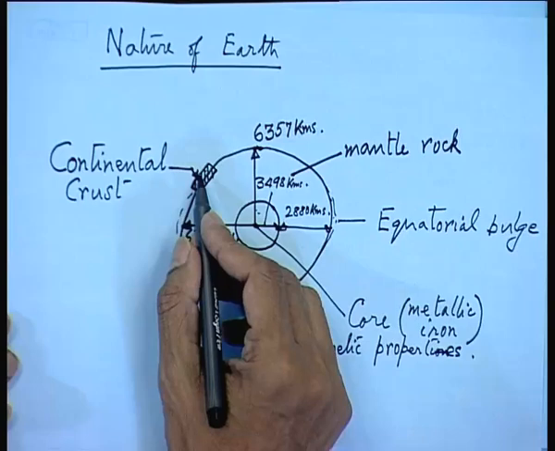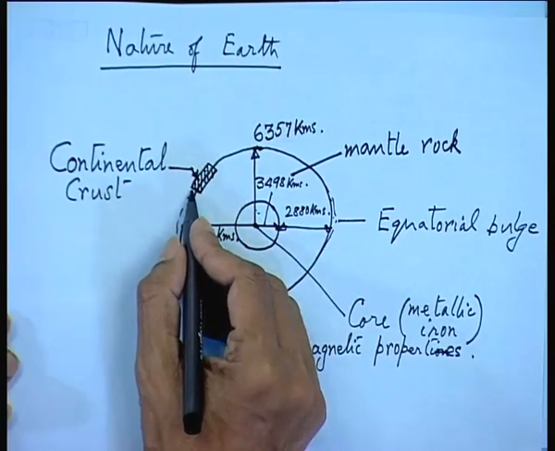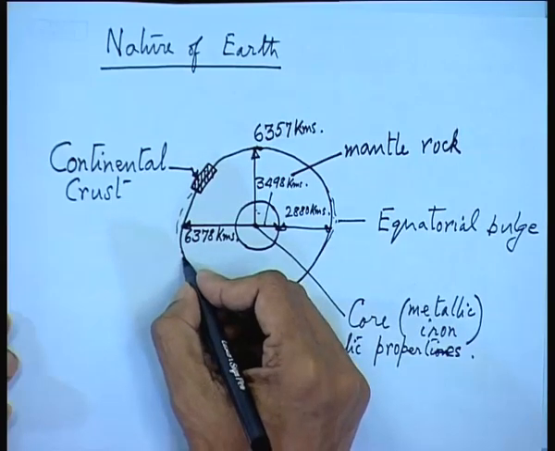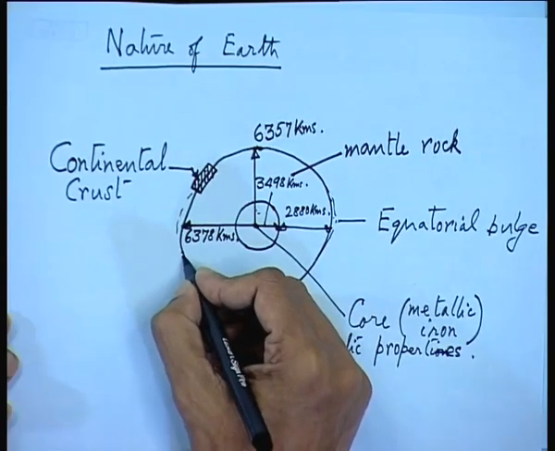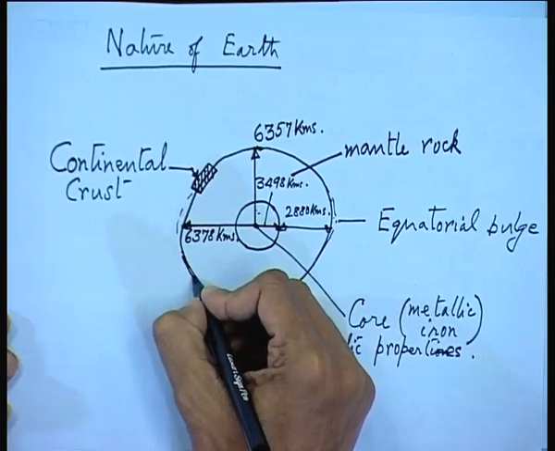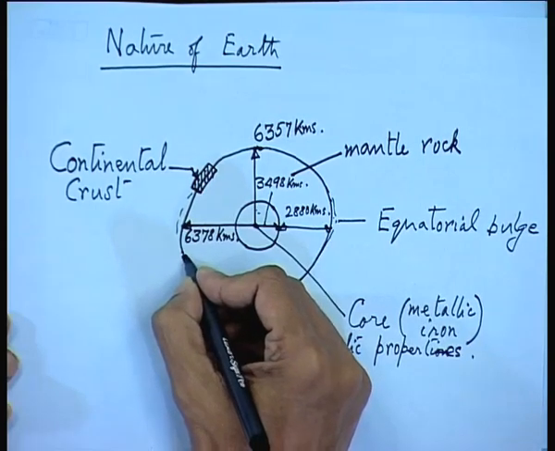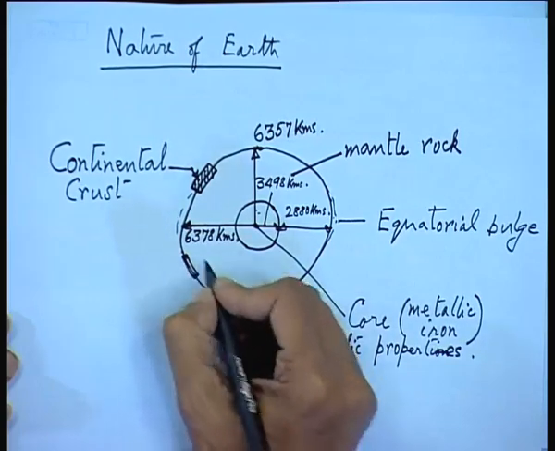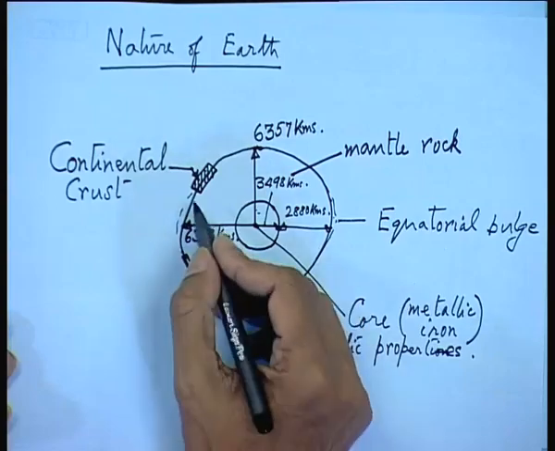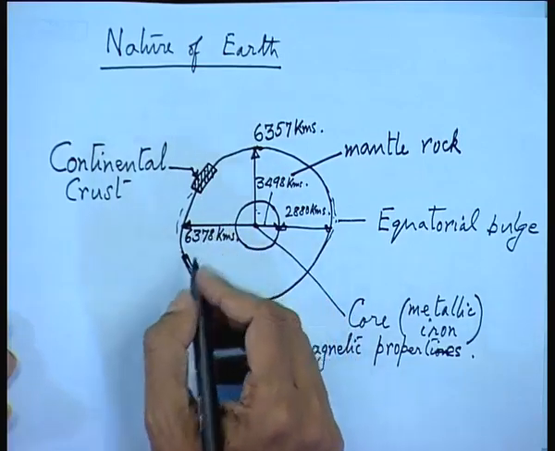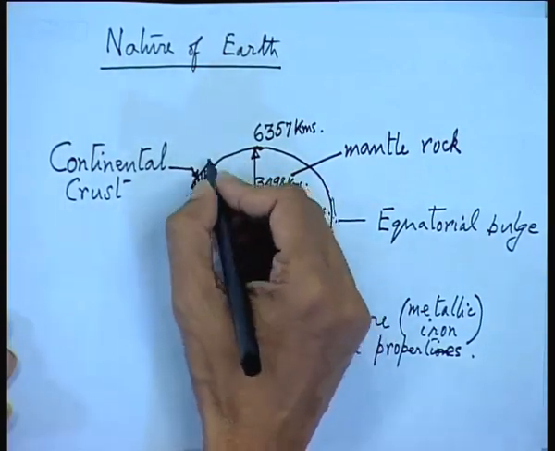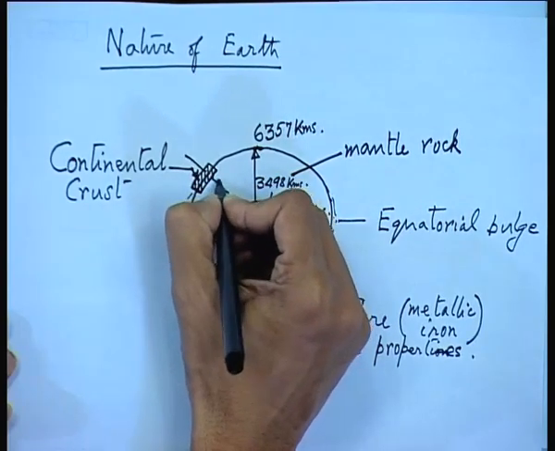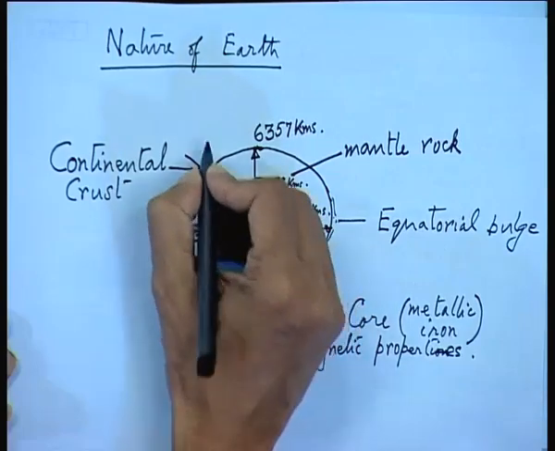Now, the part of the continental crust which goes into the ocean forms another crust which is called oceanic crust. This oceanic crust is relatively young, that means it has grown from the continental crust. This continental crust has a depth of 35 kilometers.